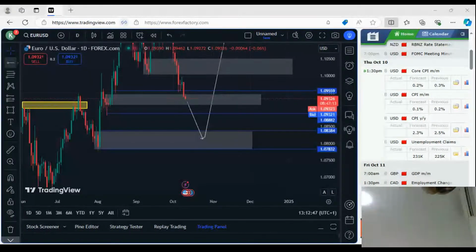Take profit at 1.09555. I repeat it again: the entry is the buy limit at 1.08384, stop loss at 1.07832, take profit at 1.09555. All right, so let's quickly take that.